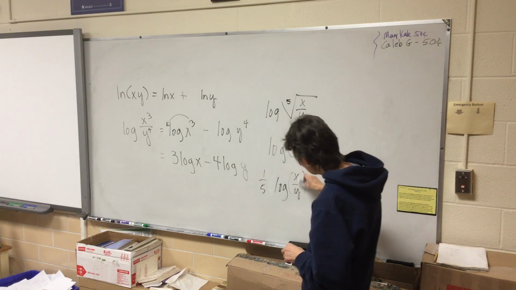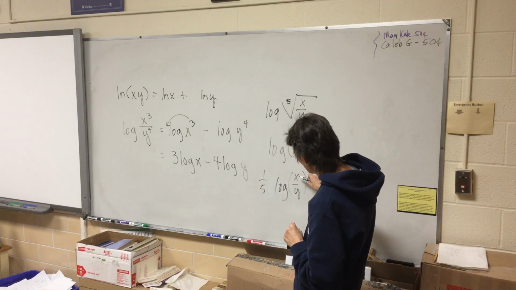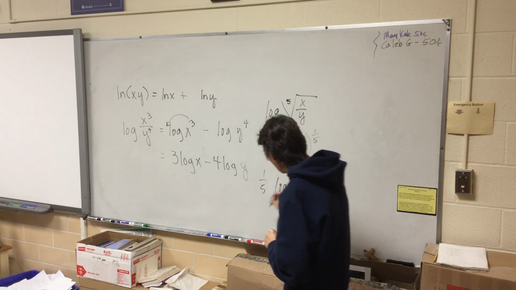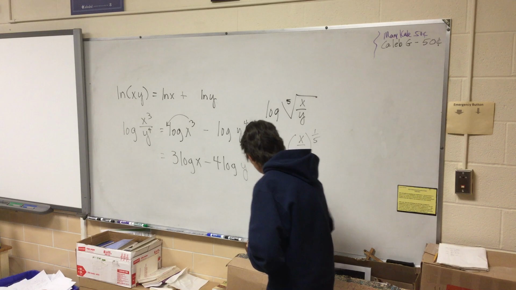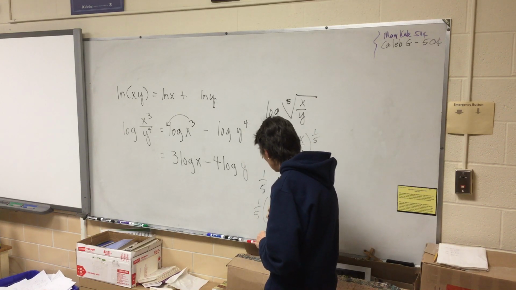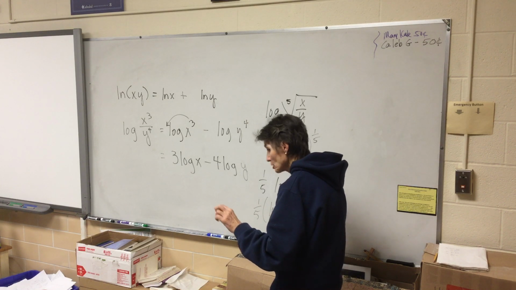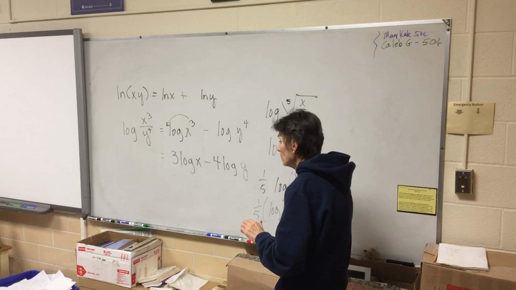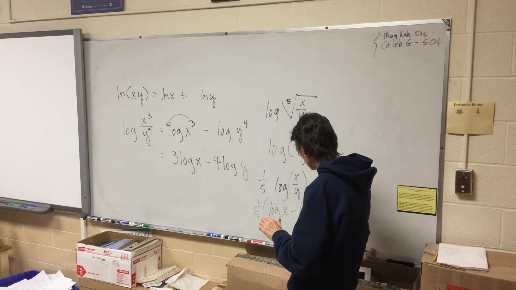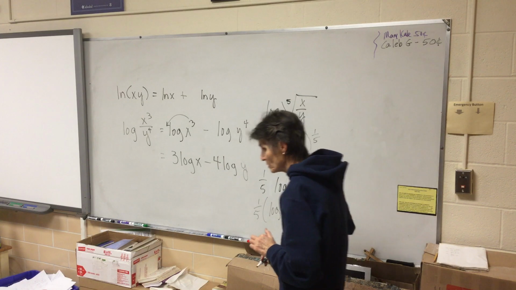Now I'm going to split this, expand it. How is this going to expand? I got my 1/5. Now, what do I do with this? What's that going to look like? Well, it's going to be log x minus log y.